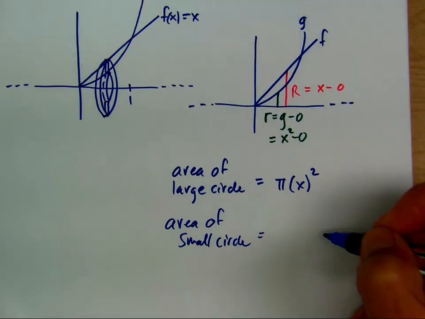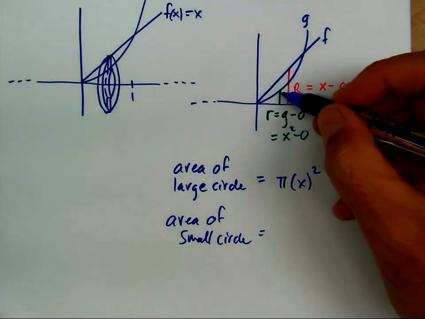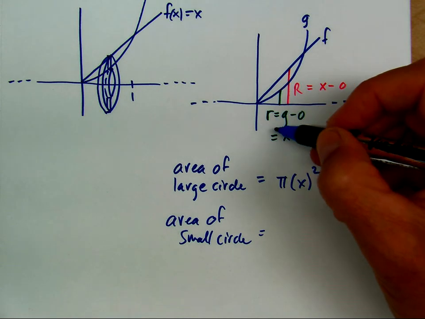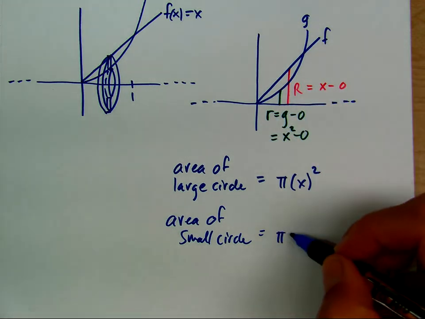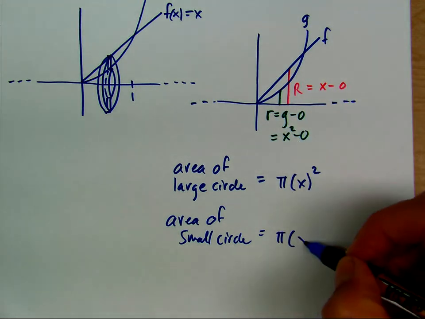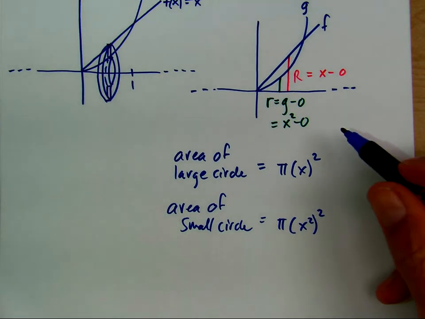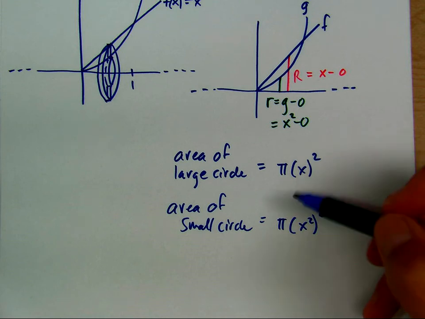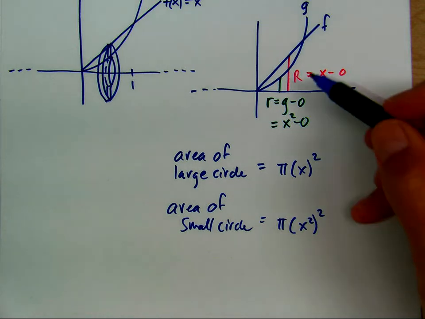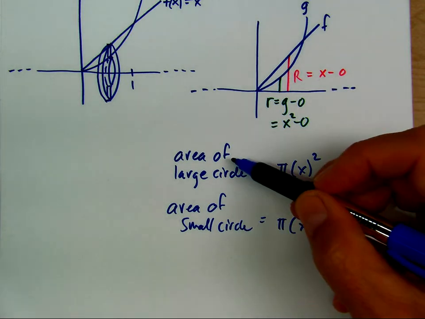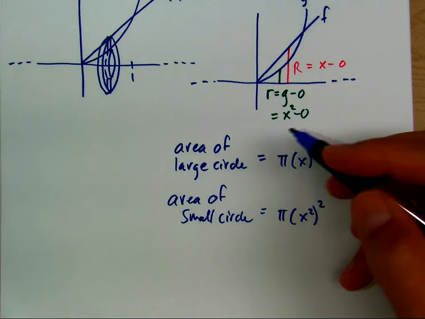And the area of the small circle is, if we rotate the small radius around, pi r squared. And then we don't want both circles, we want to cut the small circle out of the large circle.